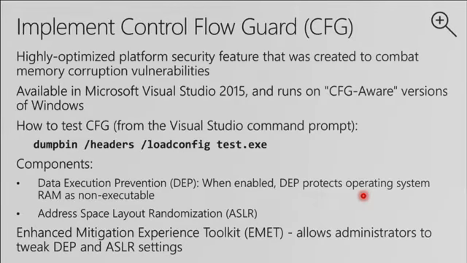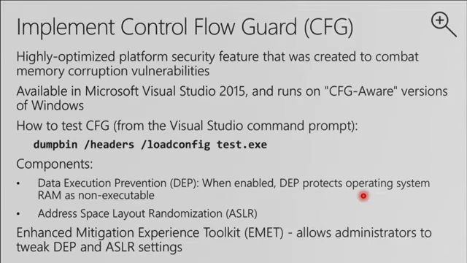That is an option before compiling a file, and you have the opportunity to test with dumpbin. It's an executable. You are able to test if your app supports the Control Flow Guard feature.